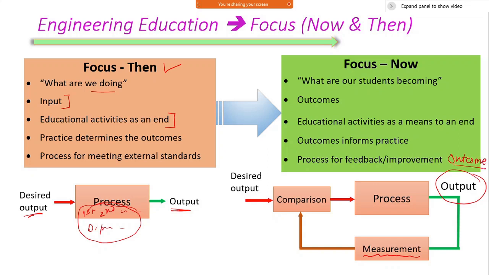I put in sensors or measurement parameters and verify. I may set my measuring parameter at 1 and get 0.75. Taking the difference, about 0.25, creates a corrective action in the process. That is the process called outcome based education, OBE.